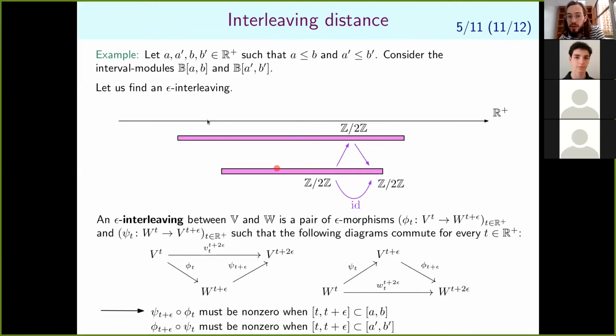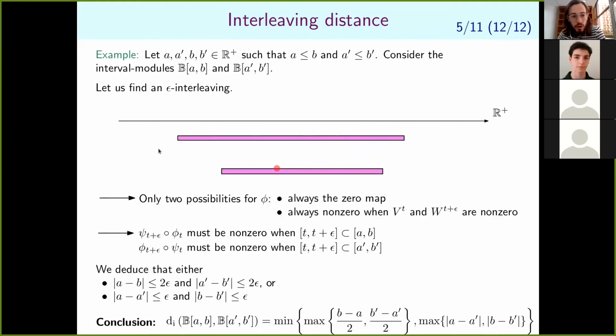So epsilon here must not be too large, because if epsilon is too large, I will go out of the intervals and I will compose a zero map. This would not give me the identity. So what we deduce is that the endpoints of the bars must be closed, or the bars themselves must be small.